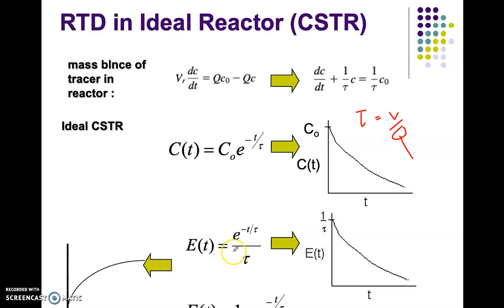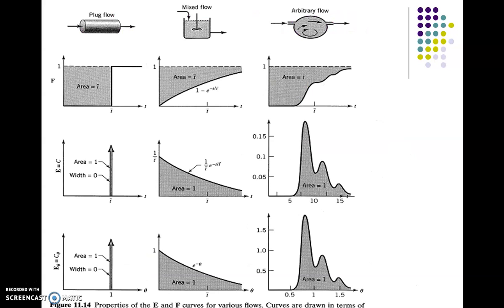For a perfectly mixed flow reactor, E(t) is equal to exponent negative t over tau, where tau is the residence time. The F(t) will be equal to 1 minus exponential to the power of minus t over tau. You can refer to your textbook for this.